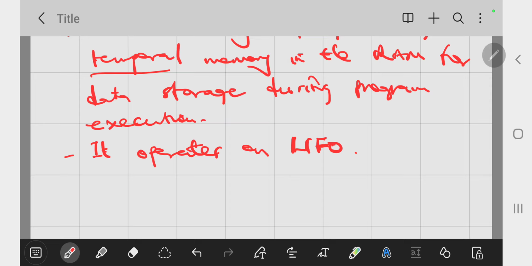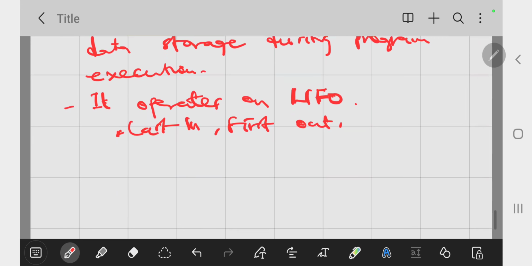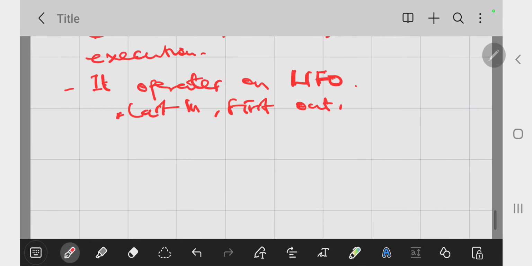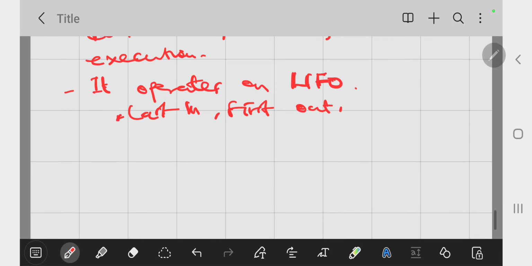So what LIFO means basically is last in, first out. Yeah, so for you to understand what stack is, you need to know that it operates on LIFO, last in, first out. So for you to understand this analogy, last in, first out, let's look at an example of a queue.